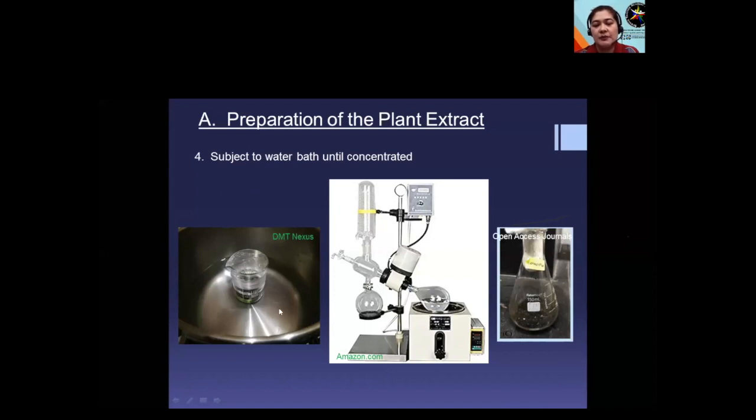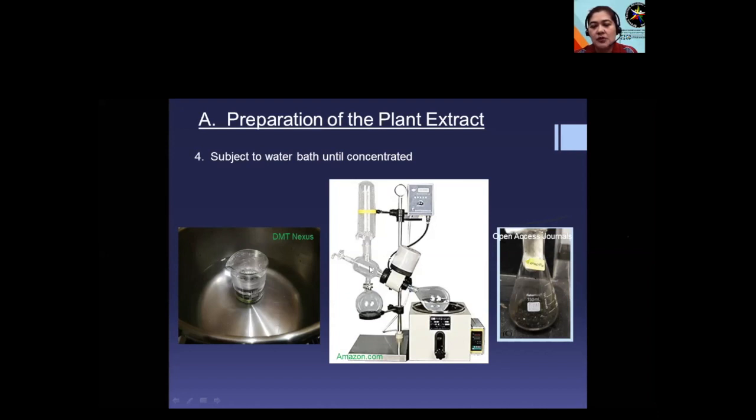Water bath is one method. Pero ideally po sa laboratory, we have what we call as a rotary evaporator. So eto po ay parang malaking rice cooker pero ang laman po niya ay oil. Eto pong glass na ito, ang laman po niyan is yung plant extract. Umiikot po ito kaya siya rotary. Habang umiikot po ito, nag-e-evaporate yung solvent.